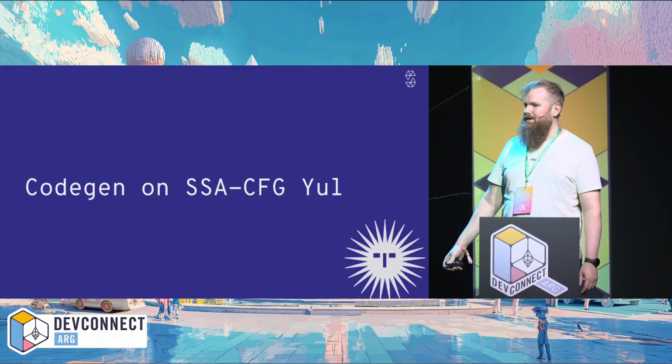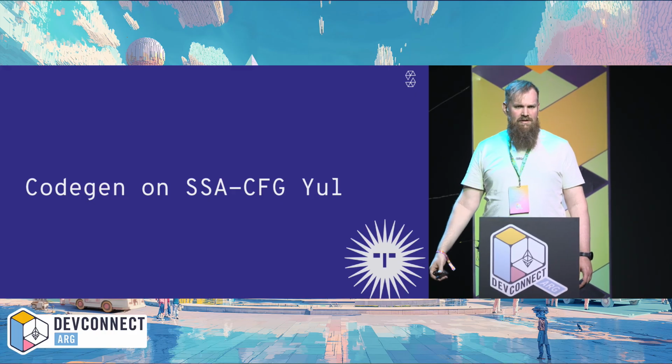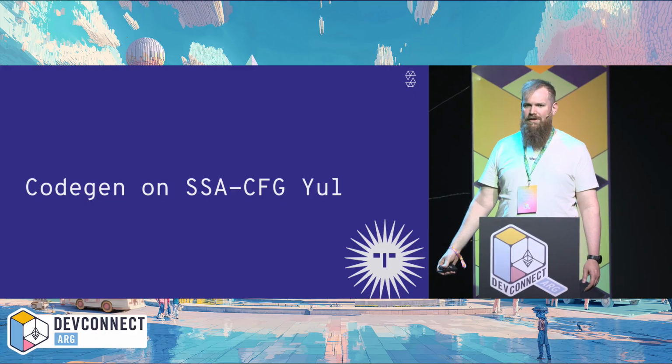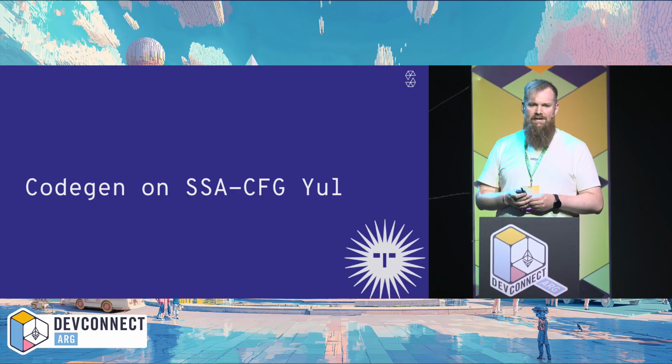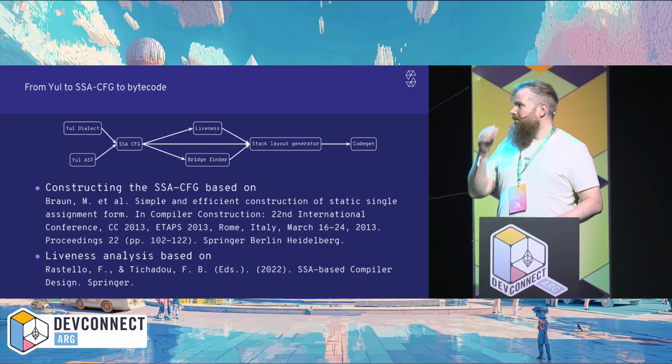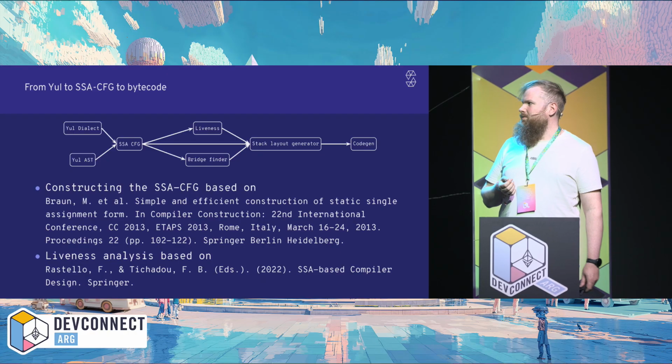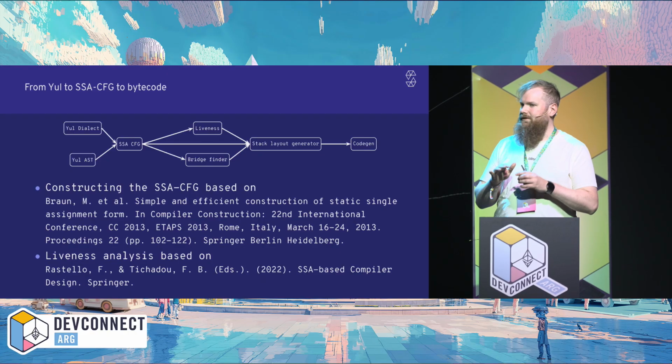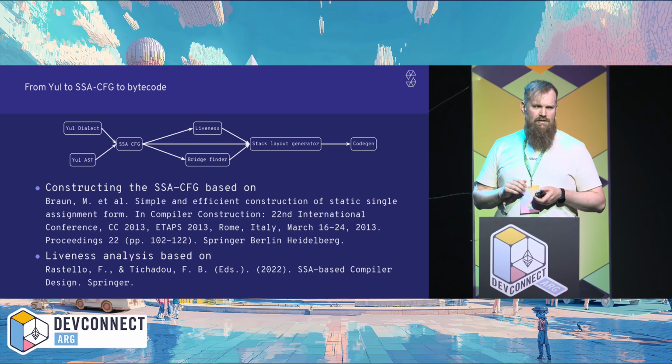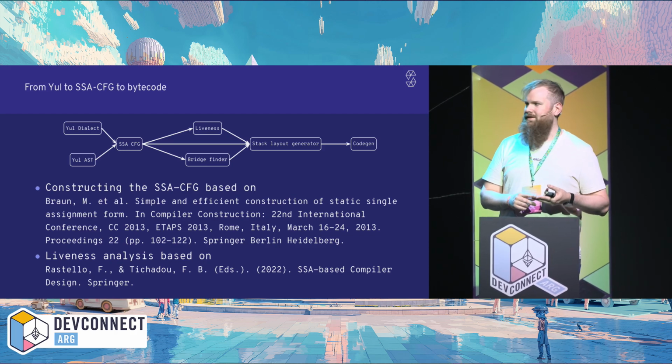And then we are pretty much ready to tackle codegen, right? How do we do codegen? How do we take these SSA graphs and transform them into EVM bytecode? This is the current pipeline. We take a Yul dialect, which is the internal representation of solc saying I have this EVM version, and I'm in the context of Yul objects or inline assembly.